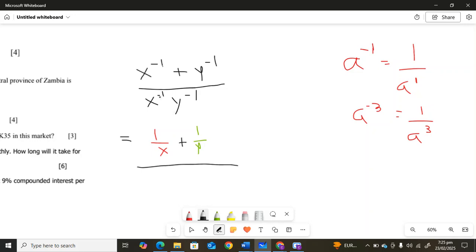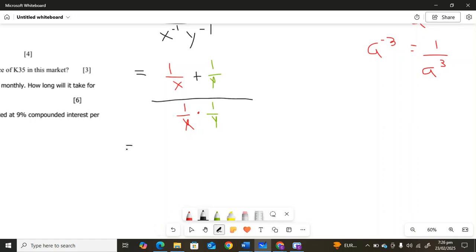Below, this x to the power negative 1 also becomes 1 over x, multiplied by this y to the power negative 1 becomes 1 over y. Then we operate just the way we do fractions.